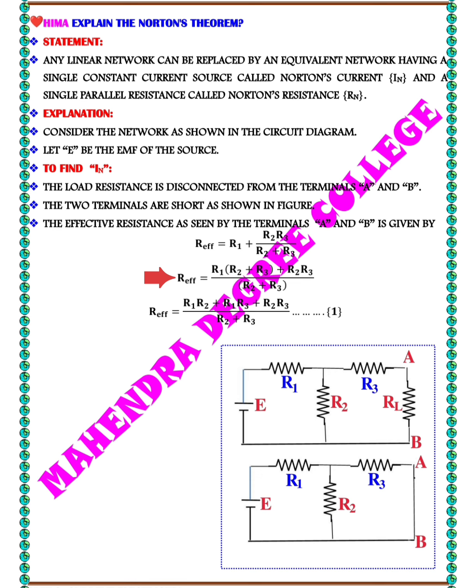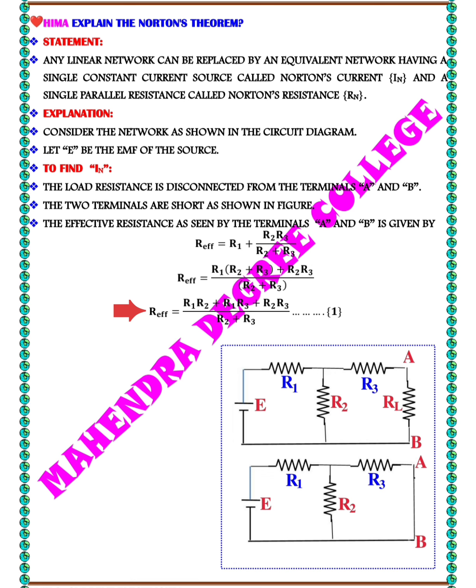plus R3. In the above equation, we multiply out all terms. Effective resistance equals R1 into R2, which is R1 R2, plus R1 into R3, which is R1 R3, plus R2 R3, whole by R2 plus R3.